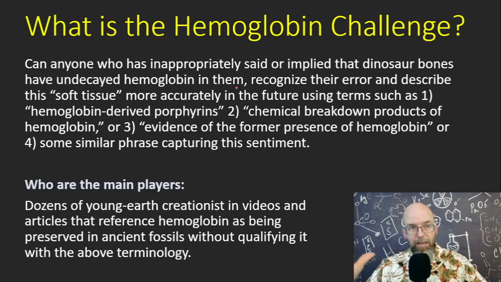And that Matt Powell quote before actually refers to no decay having happened, right? It's been around for a million years and it hasn't decayed, right? So he is directly suggesting that hemoglobin is present and it hasn't decayed, except it's not hemoglobin. It's just heme, and it's definitely decayed, right?